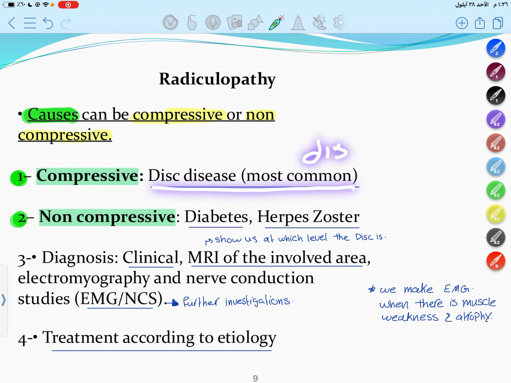And usually, the intervertebral disc, because of a tear, because of lifting heavy weight, exertion, that leads to rupture of the disc and herniation. And that herniation will go outside the vertebral body and will press on the root.